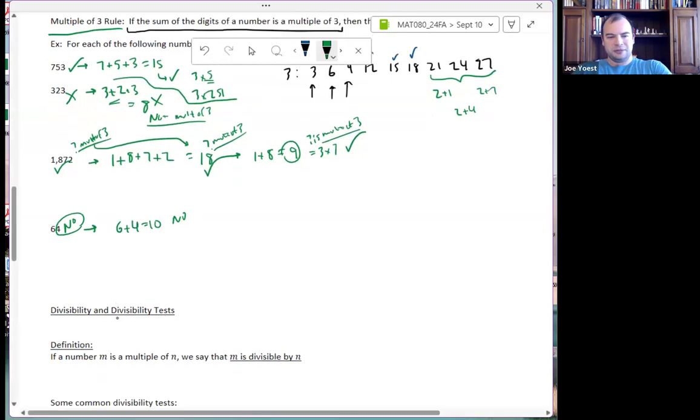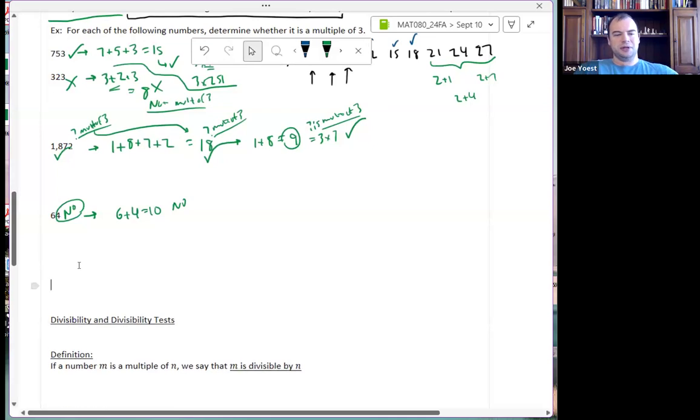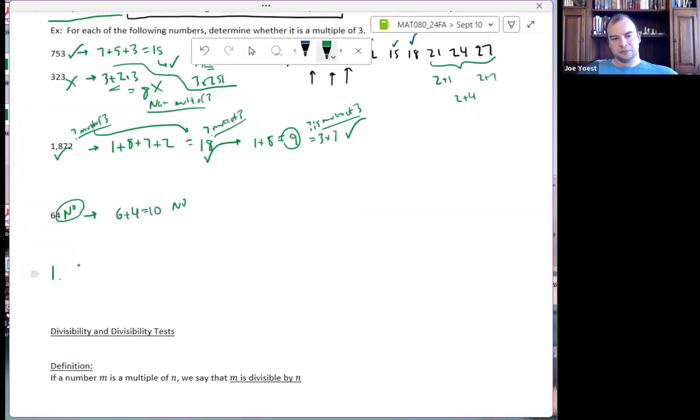But again, if I had some enormous number like this, I don't know if this is a multiple of 3 or not. But if this is the number I was looking at, and I'm asking, is this number a multiple of 3, I add the digits together.